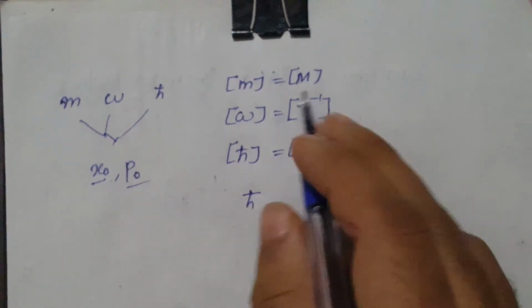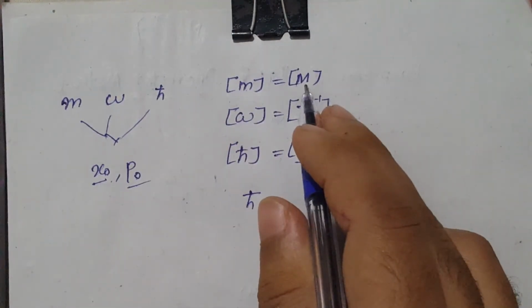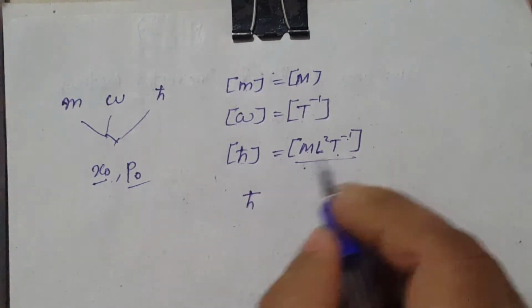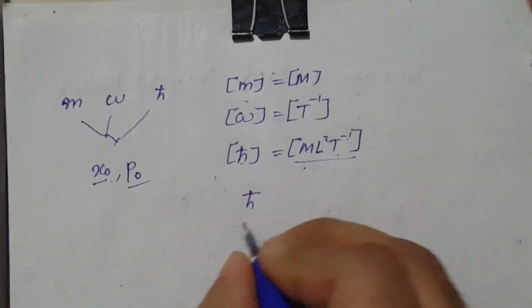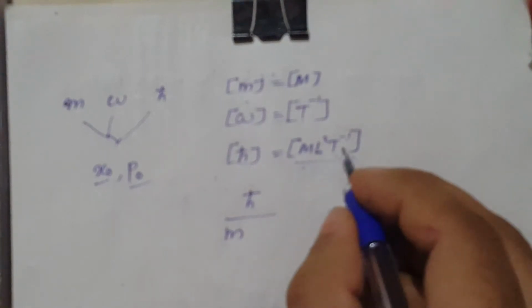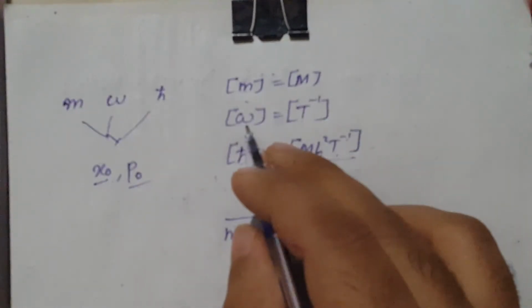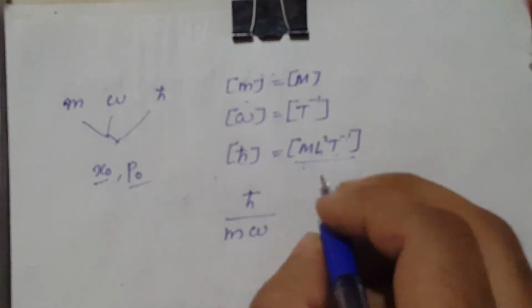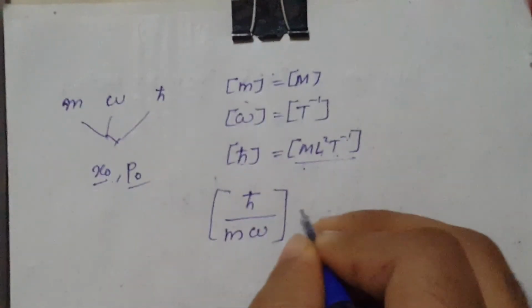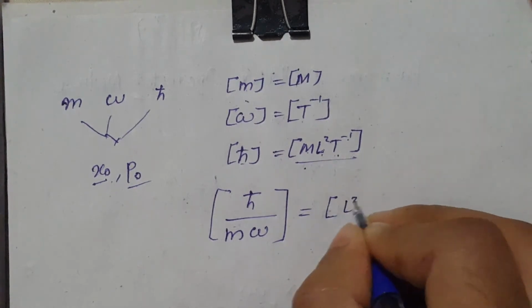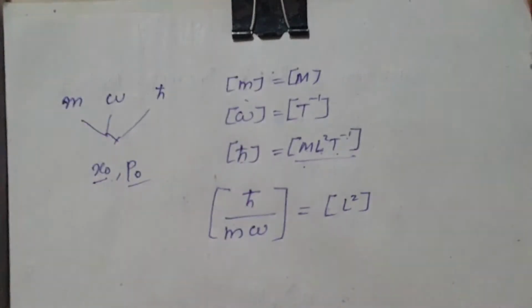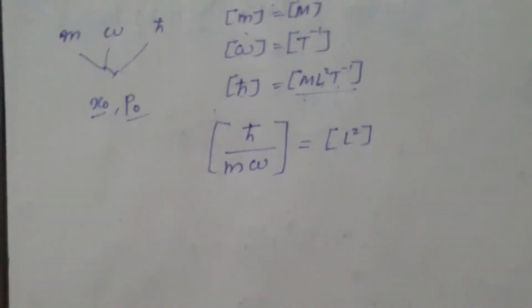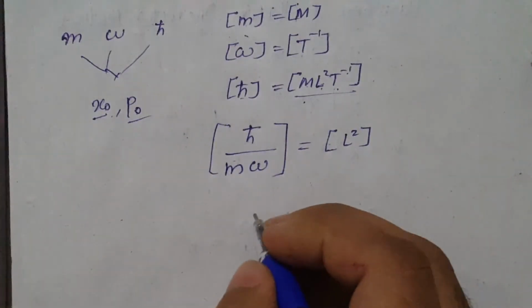Now m has dimension M, so if you divide h cut by m, you will have something with dimension L square T raised to minus 1. Now if you divide it again by omega, you will have something with dimension L squared. Okay, so now we are ready to define x0. How can we define x0?